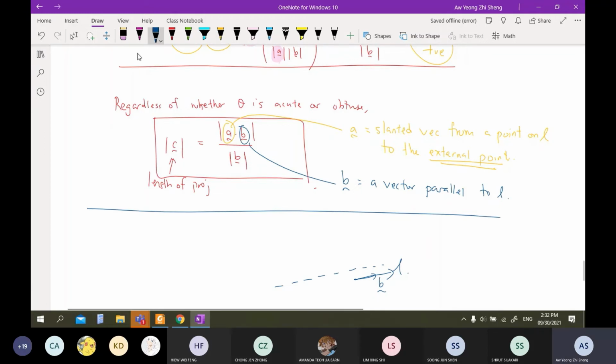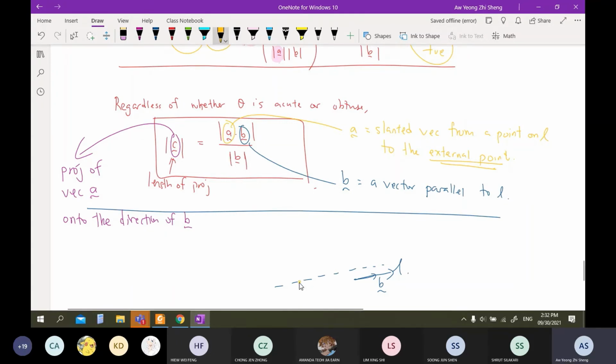Okay. So what is C then? C is the projection of vector A onto the direction of B. And so A is the vector whose shadow you want to find.